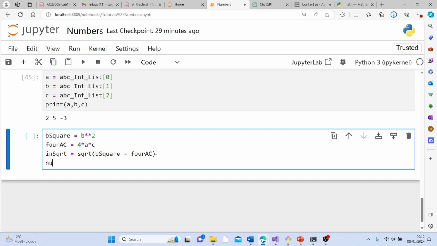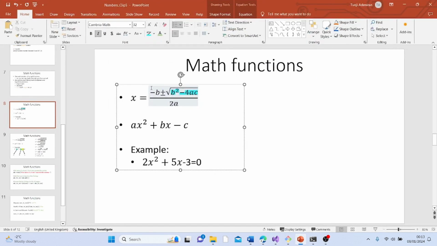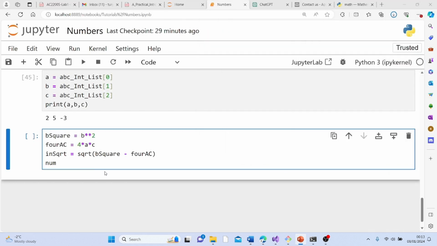Then we have the numerator. So the numerator now is what we want to complete. The numerator will give us minus b plus whatever we get here, and also minus b minus whatever we get here. So we have two numerators here. Let's call this numerator 1.